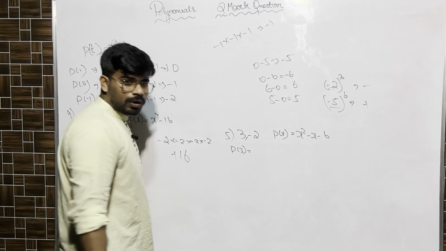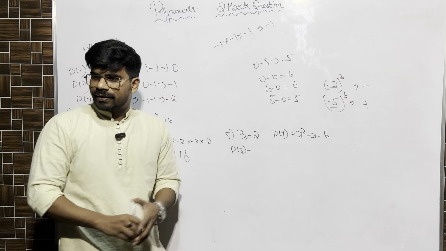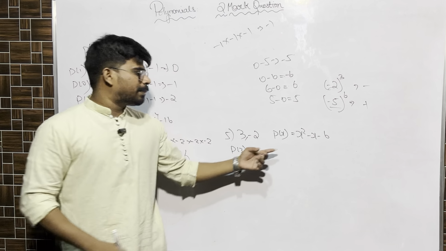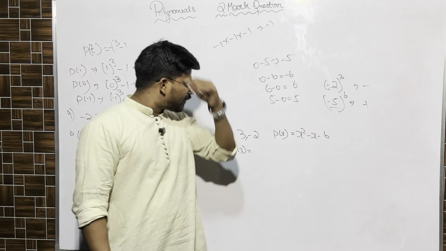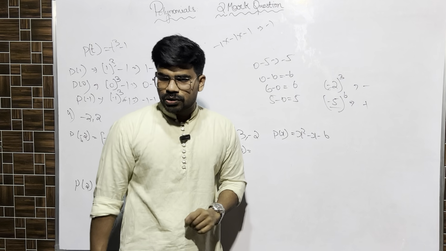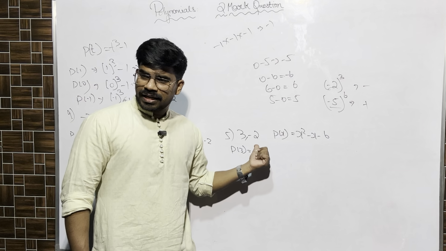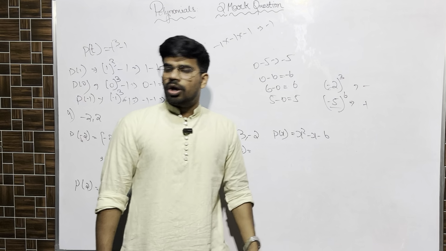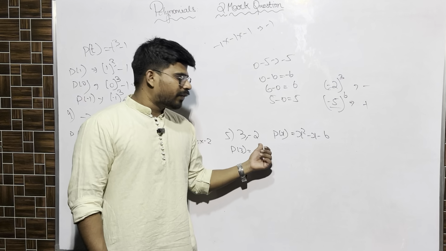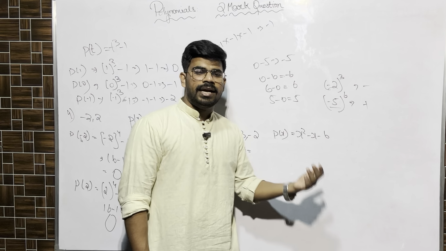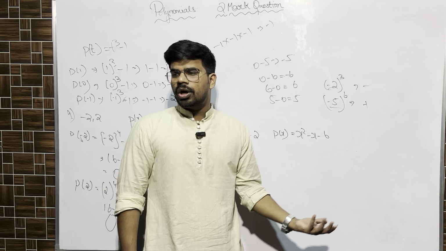If I substitute the value 3 and after solving, if the answer is 0, then we can say that 3 is a root or 0 of the polynomial. In the place of x, I have to substitute -2, and if the answer is 0, then we can say that -2 is a root or 0 of the polynomial.